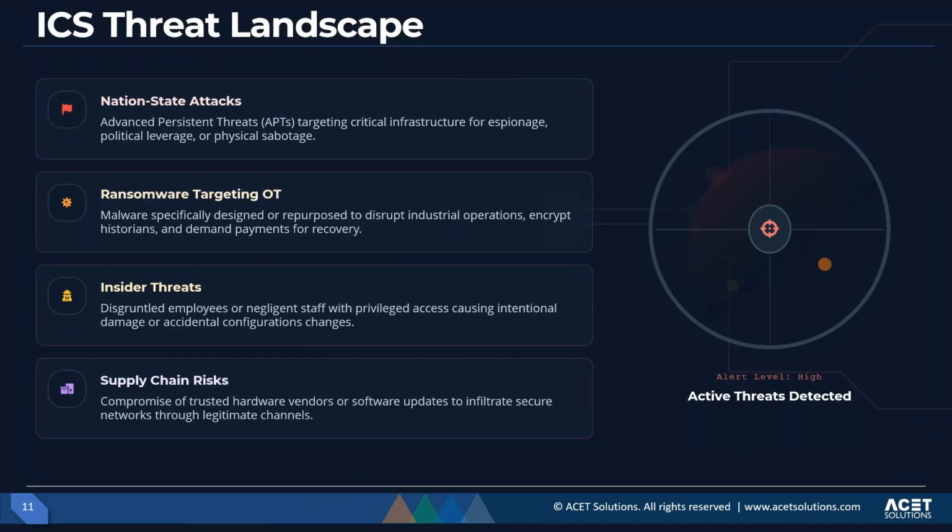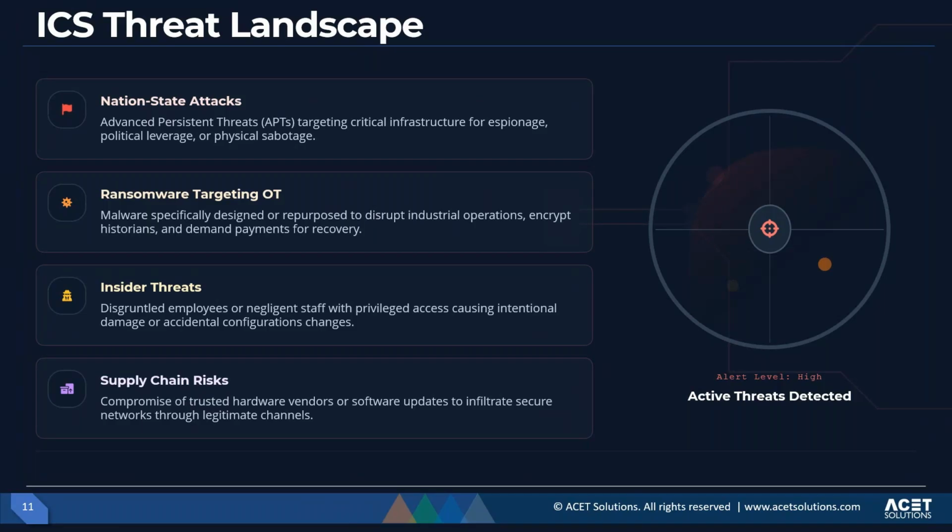Today, we are dealing with highly capable nation-state actors who target critical infrastructure for strategic or geopolitical purposes. We have also seen ransomware groups aggressively expanding into the industrial environment, aiming to disrupt operations and extort organizations. And we cannot overlook insider threats, whether intentional or accidental, because people with legitimate access can still cause significant harm.